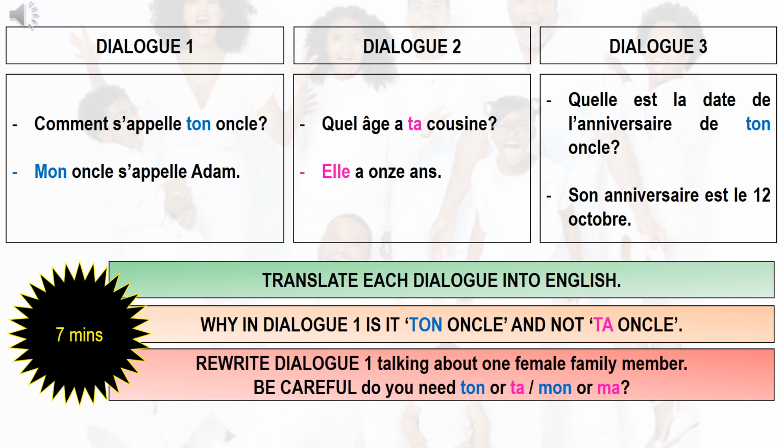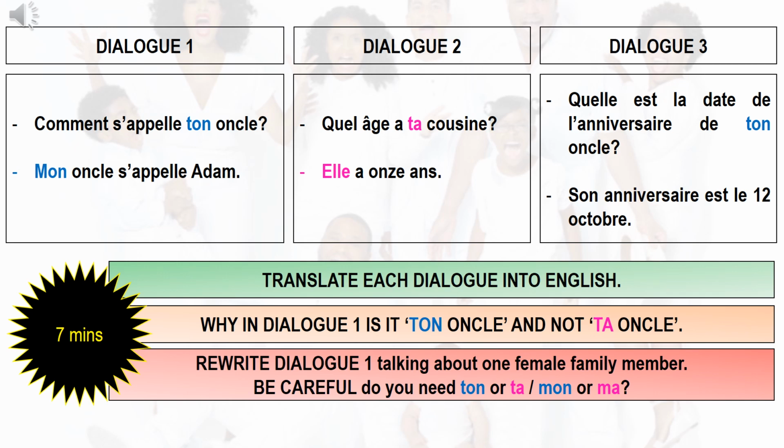And if you want to challenge yourself even further, you can try to do the master task, which is the red task. And you need to do this, rewrite dialogue 1, talking about one female family member. A female family member in French would be ma sœur, ma cousine, ma grand-mère, or ma tante.